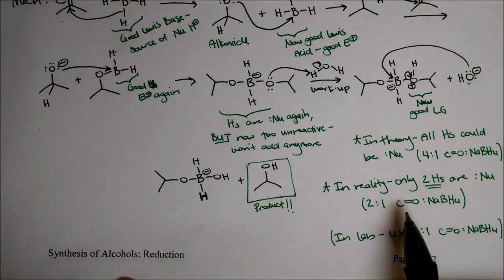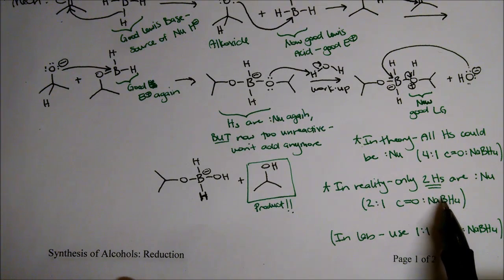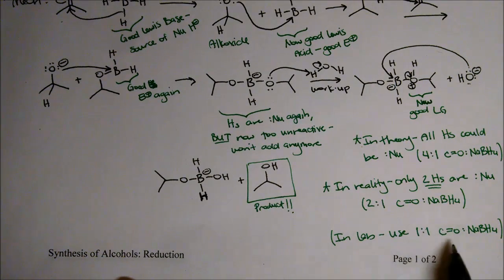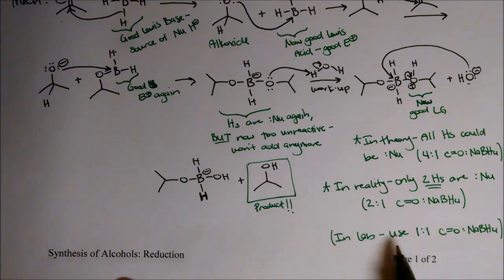So we would only need 1 equivalent of metal for every 2 equivalents of the carbonyl that we are reducing. But really in the lab, we simply use 1-to-1, because we want an excess anyway. I told you guys to remind me that I had a funny story about this, so here it is.